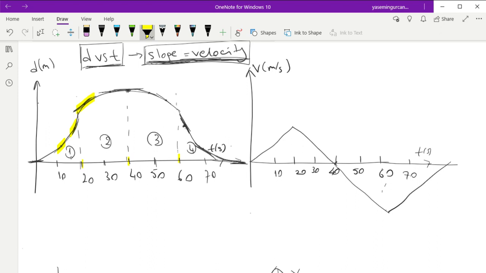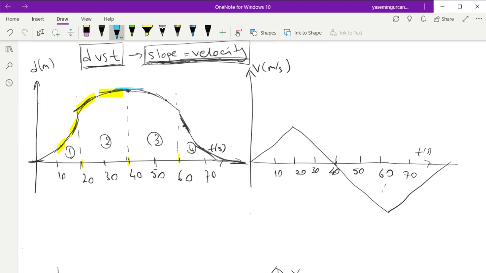And if you compare this with this one here, it's getting even smaller. And at 40 seconds exactly, it is exactly 0, right? Look at this. This is basically parallel to the x-axis, and therefore the slope for this point is 0.